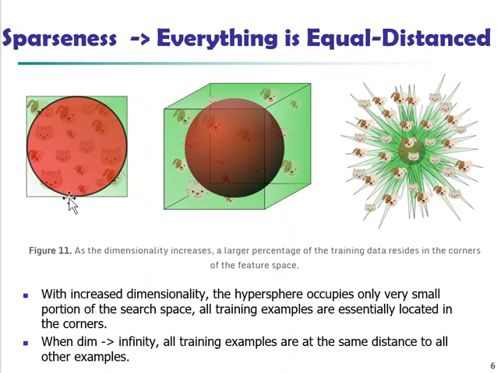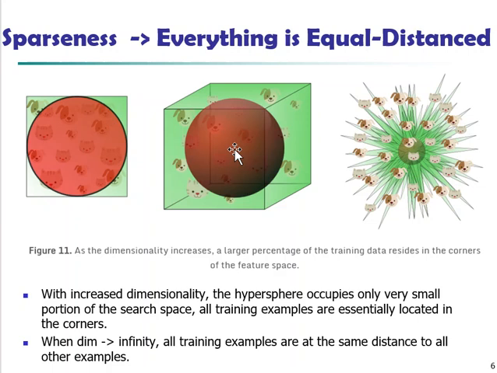So let's see. When we have a two-dimensional space and we draw a circle, this is the center of the feature space. The circle occupies most of the feature space, so all the training examples are actually representing the core of the feature space. They're all covered here. But when you increase the dimensionality to a three-dimensional space, the center becomes that ball in the center of this cube, right?